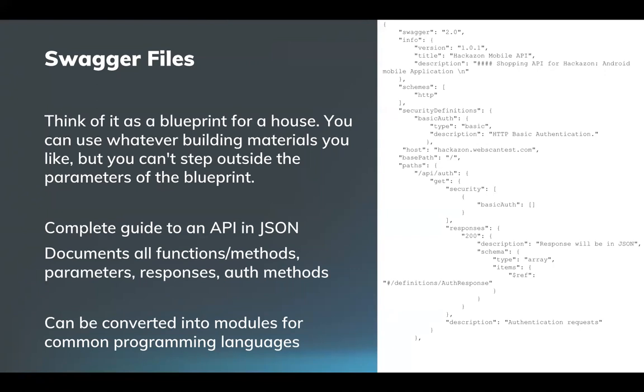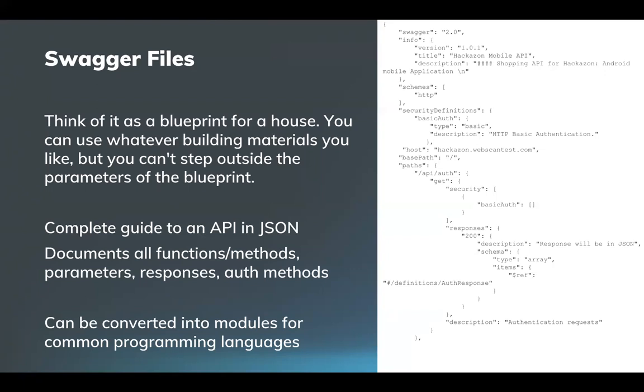You could implement it in Python or Ruby or Java. It doesn't matter, because all that matters is as long as your text that you're sending out to the web server looks like those API calls that we were seeing, it doesn't matter behind the scenes what language it was written in. So Swagger files allow you to quickly import and build language support for particular APIs.